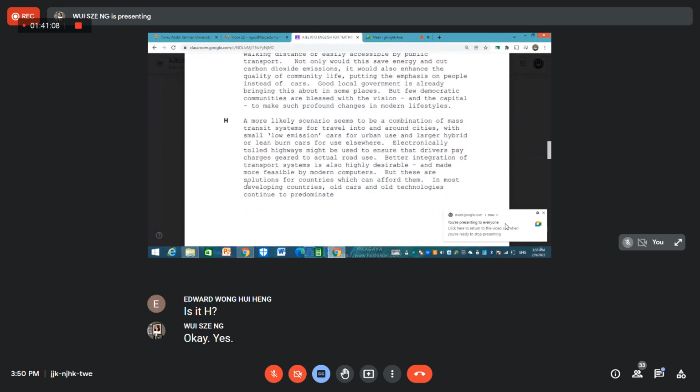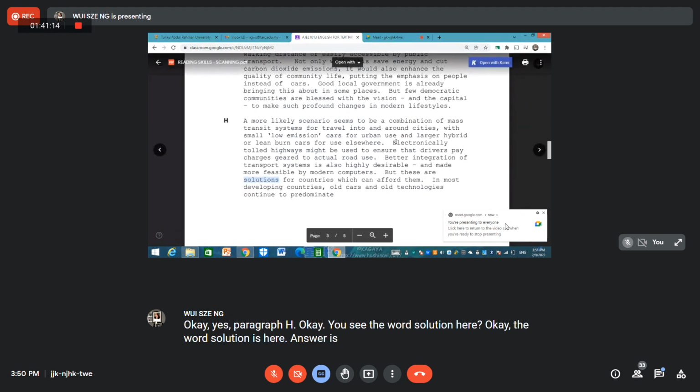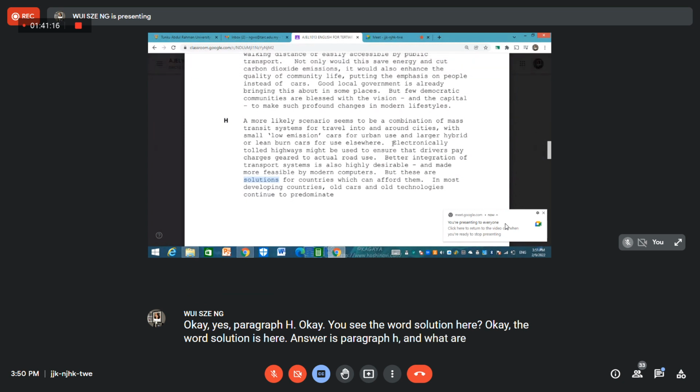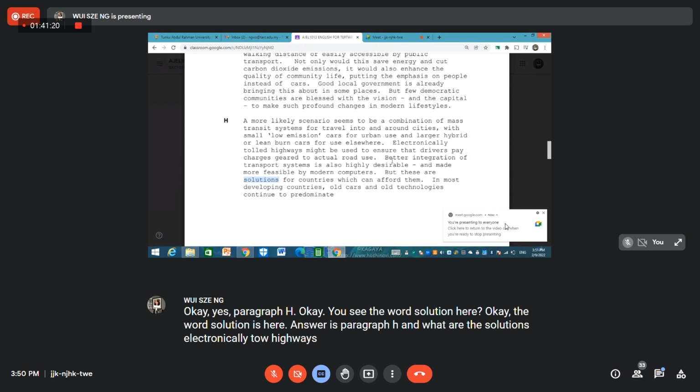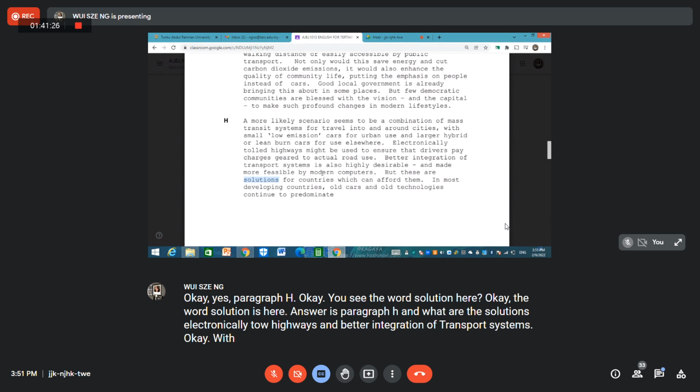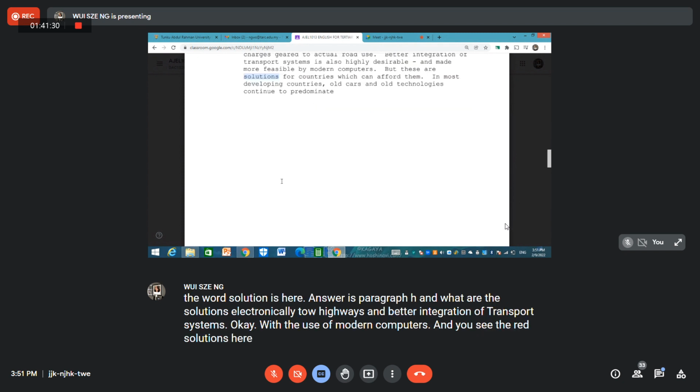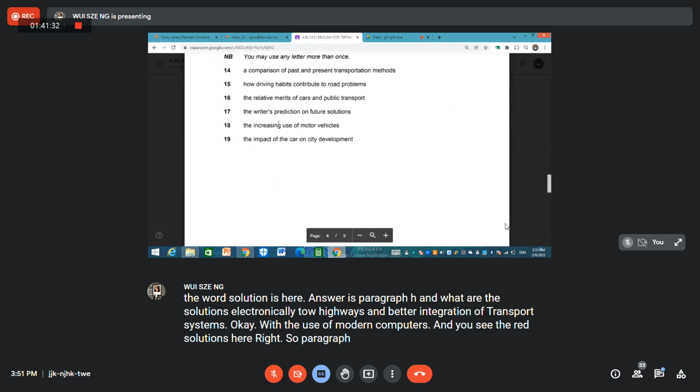Yes, paragraph H. You see the word solution here. The answer is paragraph H. And what are the solutions? Electronically toll highways and better integration of transport systems, with the use of modern computers. And you see the word solutions here.